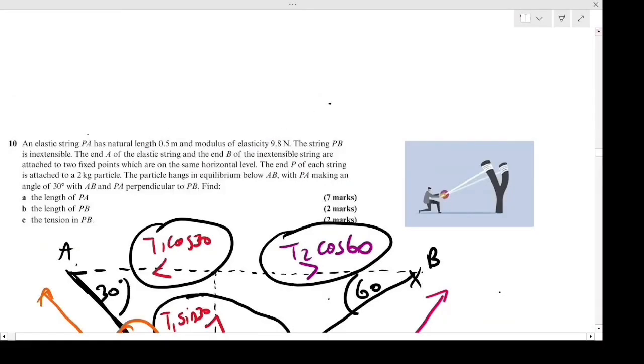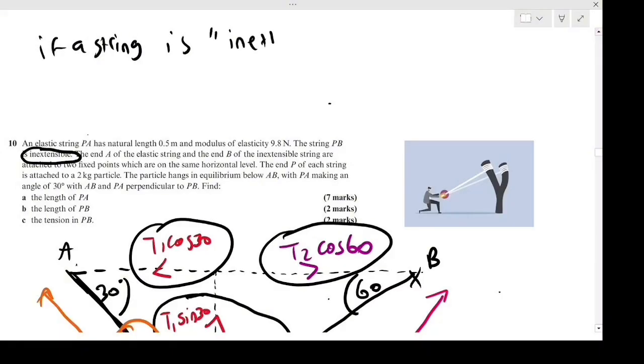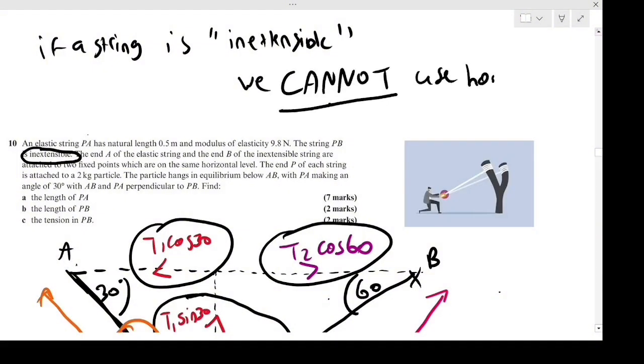PB is inextensible. If you go back to what I said at the very start, I made a note that if a string is inextensible, we cannot use Hooke's law.